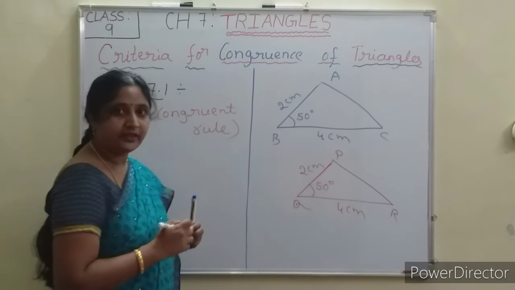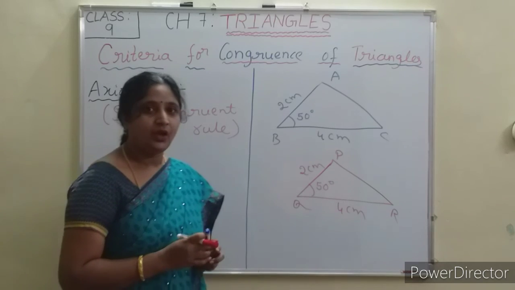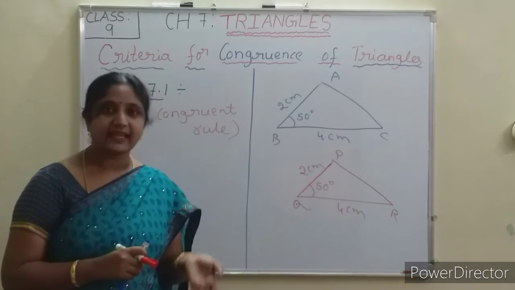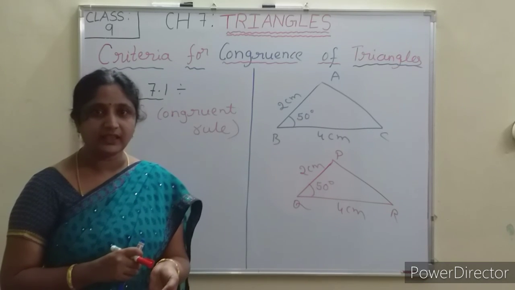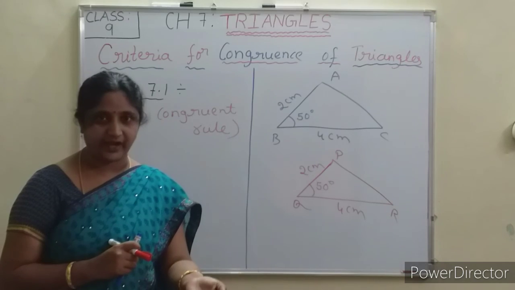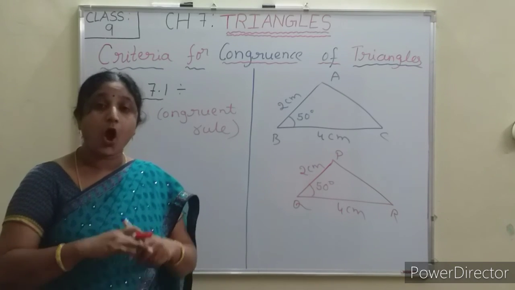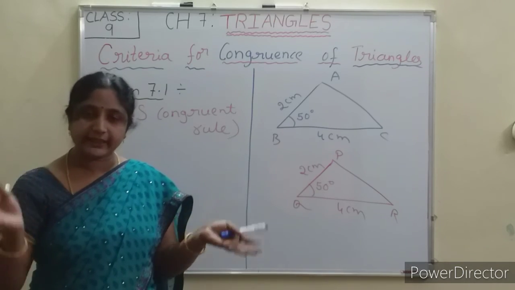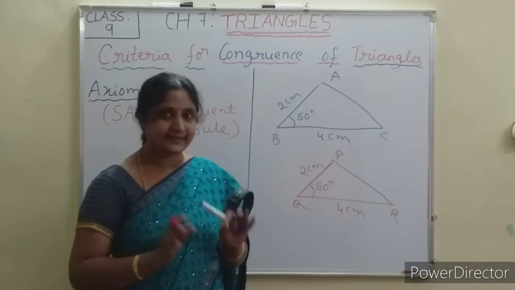Children, that means, see, congruent triangles means what? If the sides and angles of one triangle are equal to the corresponding sides and angles of the other triangle, right? That means all three corresponding sides and all three angles should be the same.